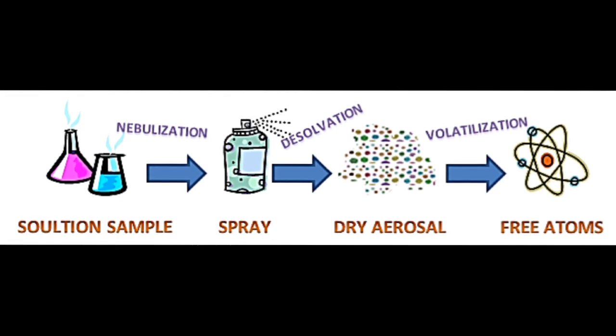So, in atomization, there are two main types of atomizers: discrete and continuous. A continuous atomizer introduces the analyte in a steady manner, whereas discrete atomizers introduce the analyte discontinuously.